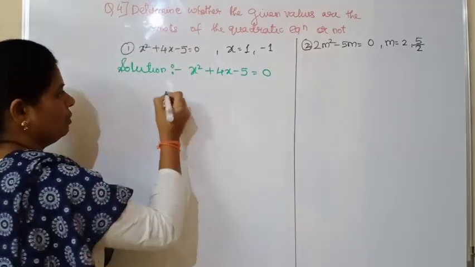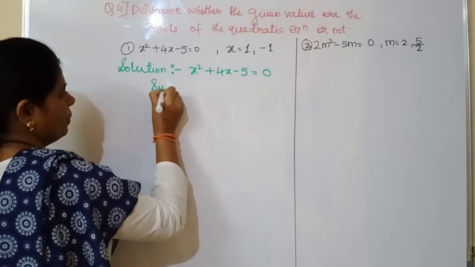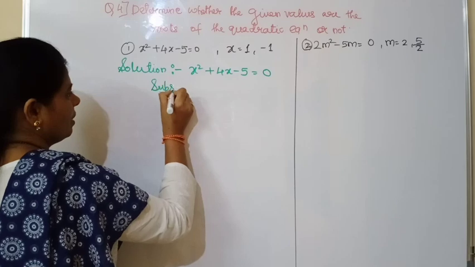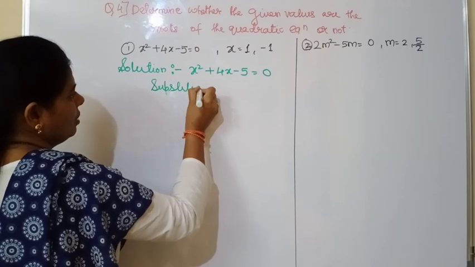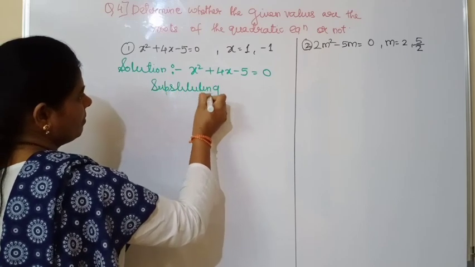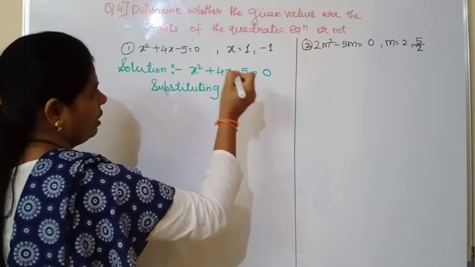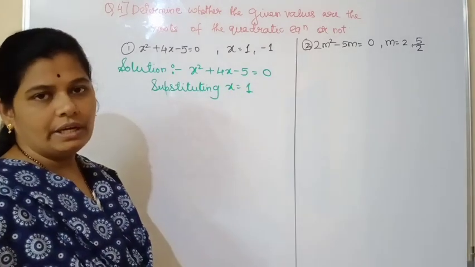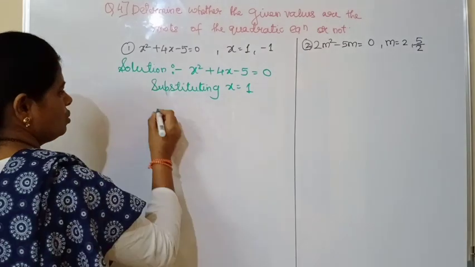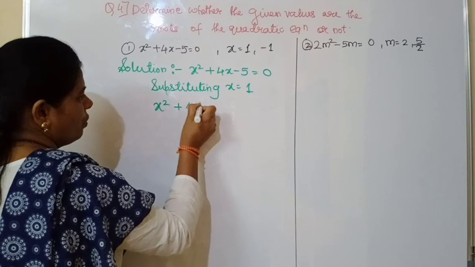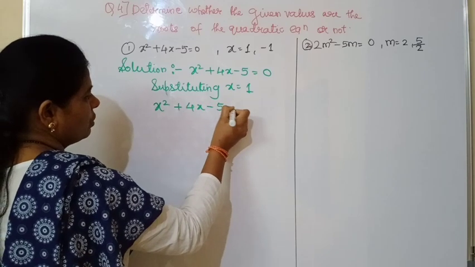Now what will we do? We will substitute x equal to 1. For the first time we take x equal to 1. So our equation is x square plus 4x minus 5 equal to 0.